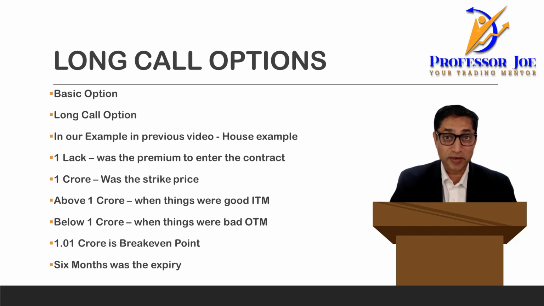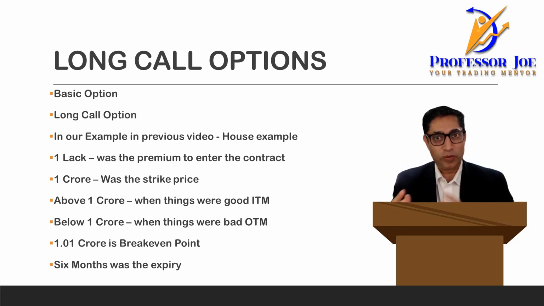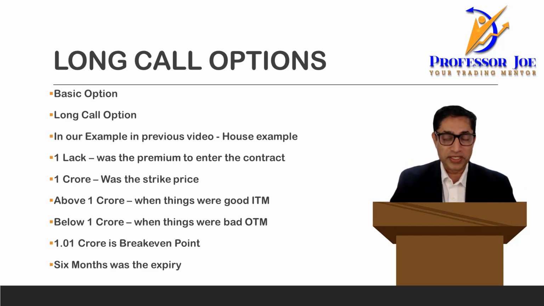And if the price of the house is below 1 crore, then the owner is said to be OTM, that is, out of money. 1 crore 1 lakh is the break-even price for the holder of the option, and 6 months in this case was the expiry period. So if you try to combine the real-world example with the long call option that we are going to discuss today, this is how you can bring it together.